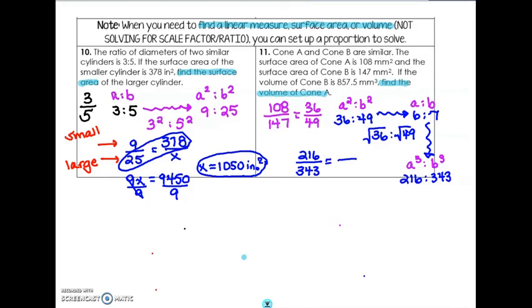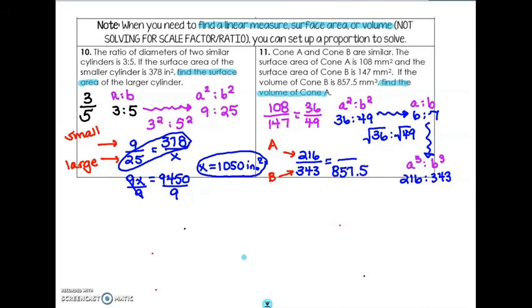So I have to figure out where I'm putting this 857.5. That's going to go in my denominator because that's talking about cone B. So I can label this as putting all my information about cone A in the numerator and all the information about cone B in my denominator.